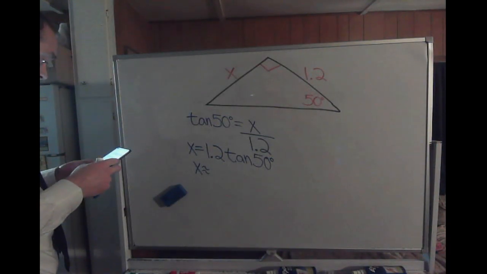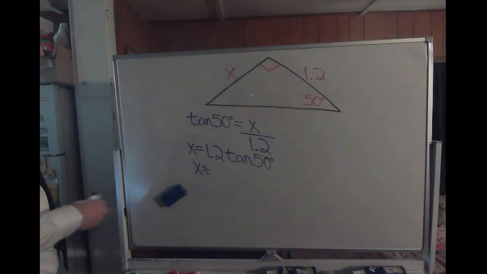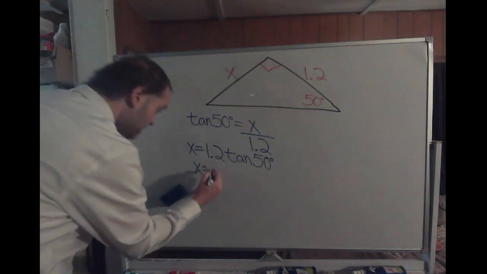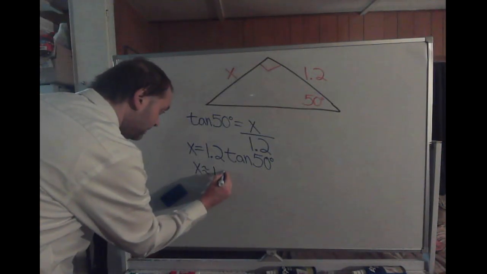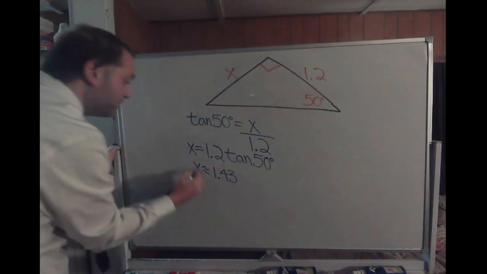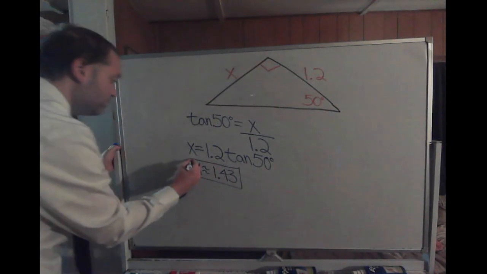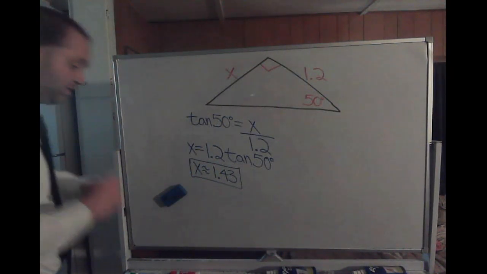It comes out to about 1.43. So x is approximately equal to 1.43 when you do the tangent function in the calculator.